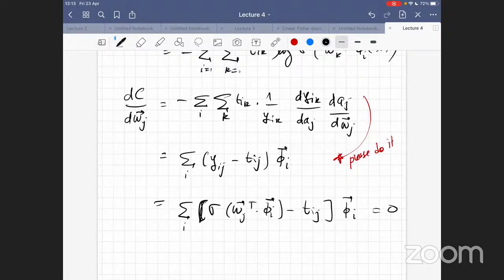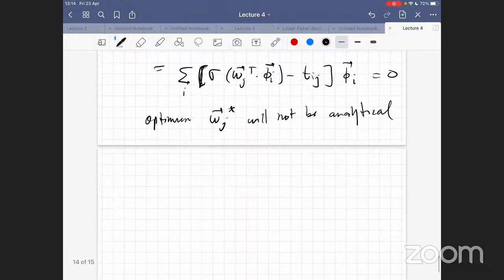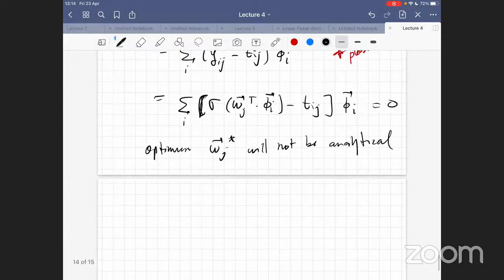And because of this nonlinearity here, the optimum parameter for each class will not be analytical, as it was in the case of regression, right?